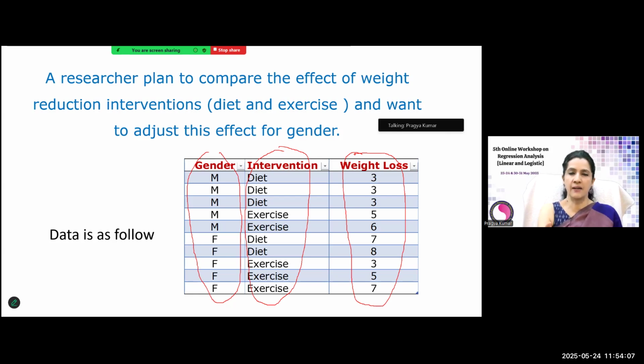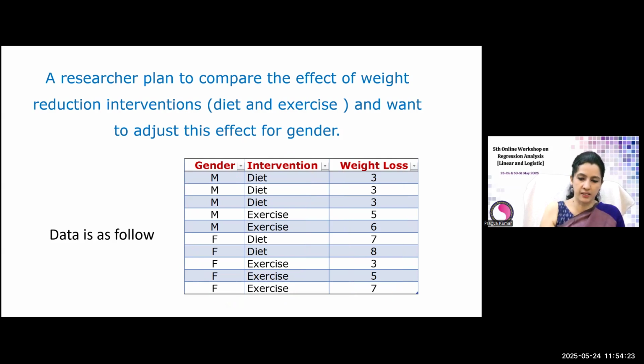Now, the software gives you the value of estimated marginal mean, but you have to give the command. To make you understand how this estimated marginal mean is different from the traditional mean, the software arranges the data like that.